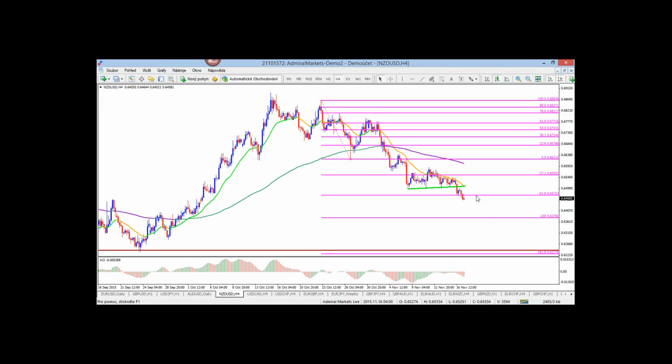So next target, minus 100 perhaps, on a 4-hour chart, 63.75. Let's keep that in mind. Let me now look at the hourly.